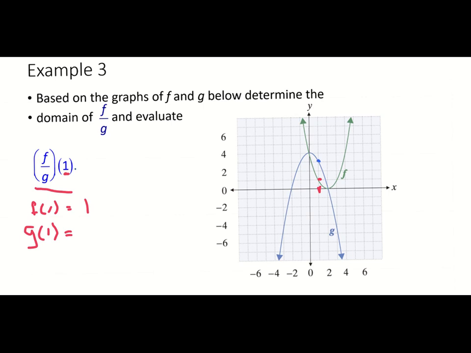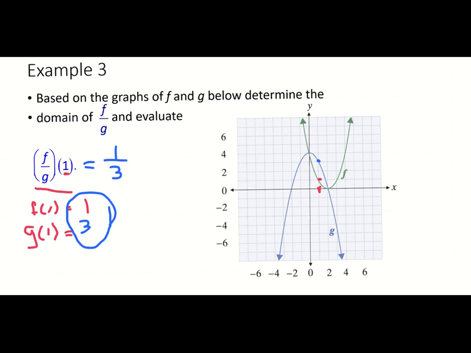All right, my y value here is going to be 1, 2, 3. So 3. Now that we have the y values, just like we did before with the first slide and putting the numbers in, we do f divided by g. So it's going to be 1 divided by 3, or the answer is going to be 1/3. There's not much more that we can do here.